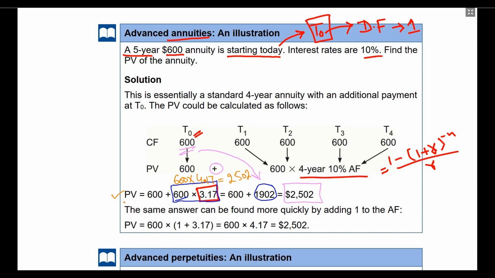So these are the two ways by which we can get this answer. Anyways, the basic thing that we learned in this example is how to calculate annuities when our first payment is occurring in year 0. So in your exams, you have to give attention to this point, when your first payment is occurring.